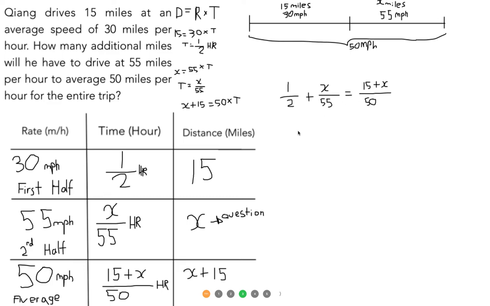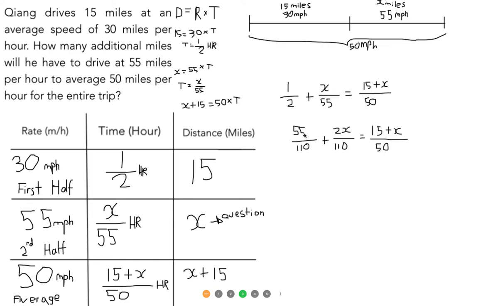And if we simplify the equation, we get 55 over 110 plus 2x over 110, which equals 15 plus x over 50.